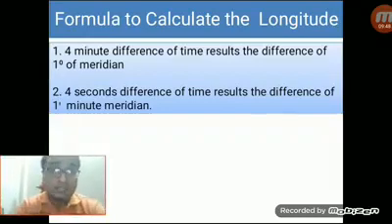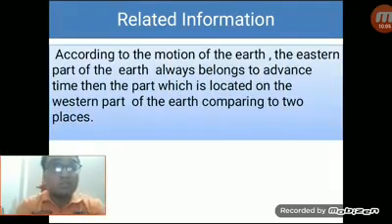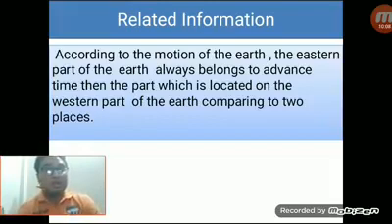Now I am going to show you how to apply these two formulas. Before showing the mathematical problems, you have to remember this information. According to the motion of the earth, the eastern part of the earth always has advanced time.